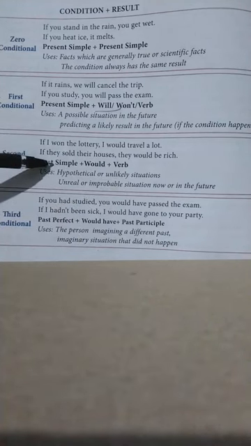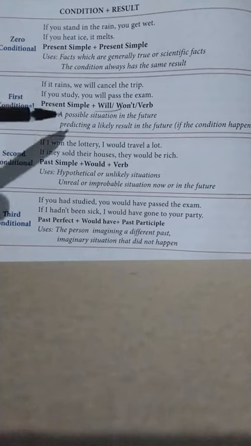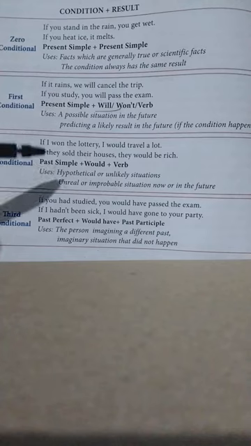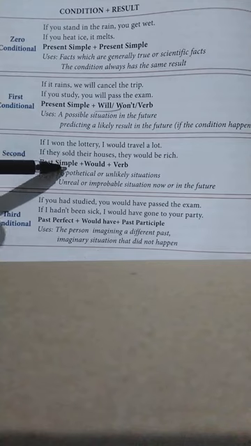In the main clause, you will come across the verb in the past tense. See here, in the first conditional also, the verb in the if clause, the subordinate clause, is study in the present. But here, in the if clause, the verb will be in the past tense, sold or won, W-O-N.